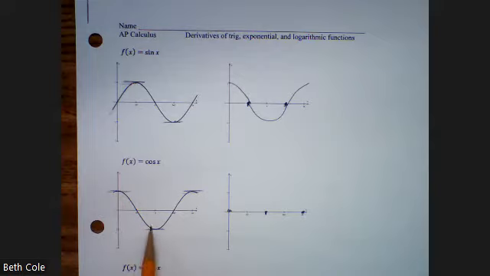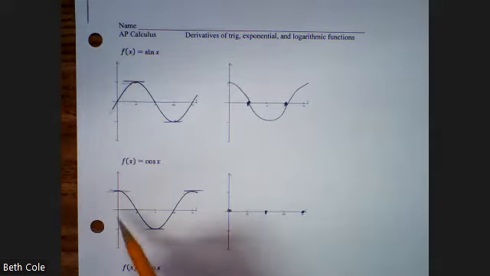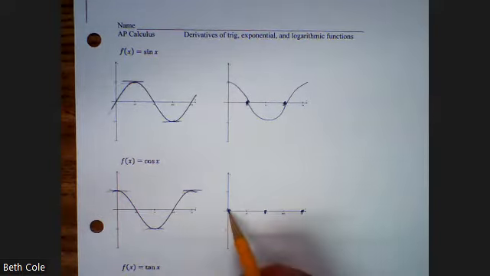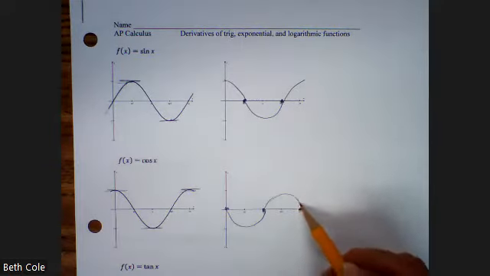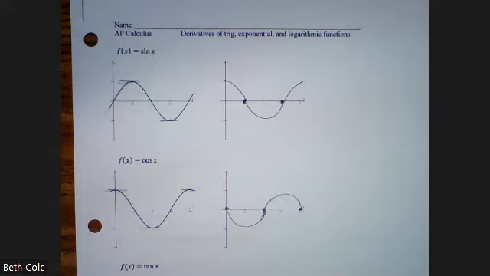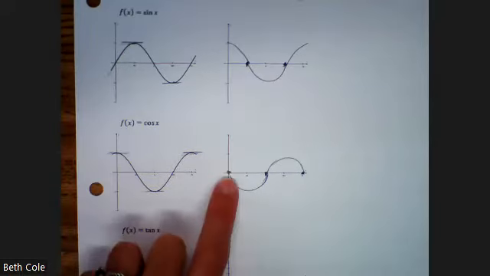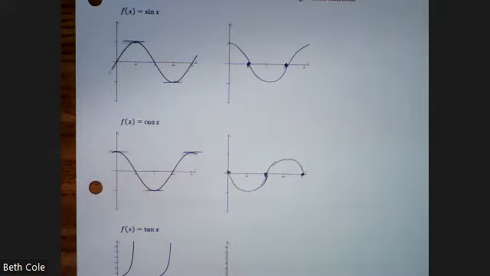We want to be below sea level and then above. So it will look something like this, below and then above. So that's not exactly sine of x. It does start at the origin, but it's not sine. It's actually negative sine because it got flipped over. It's a reflection over the x-axis.